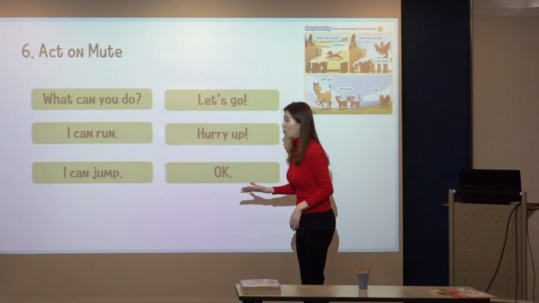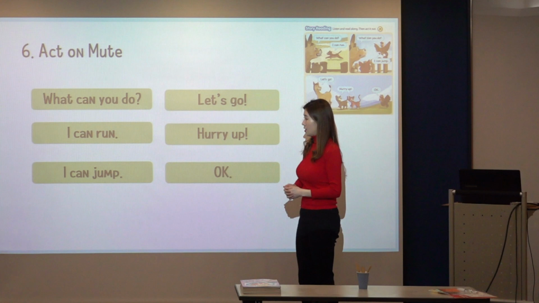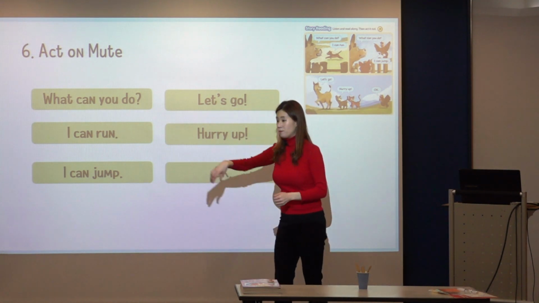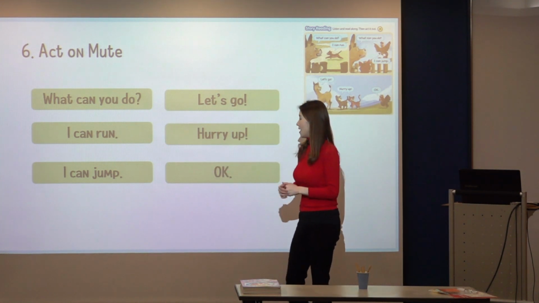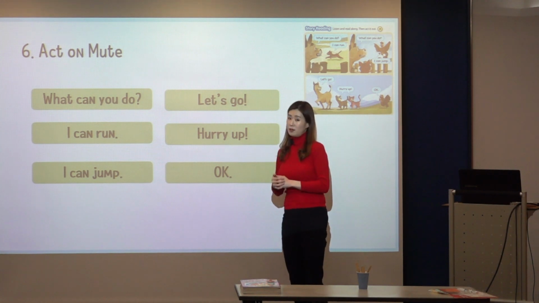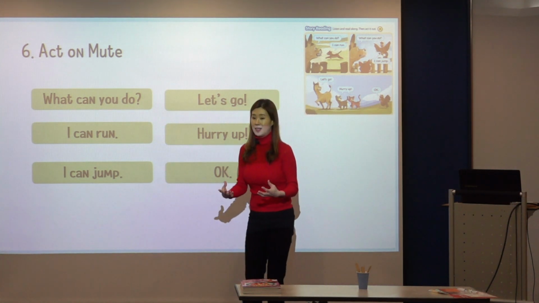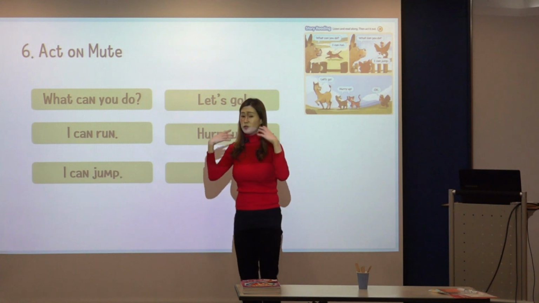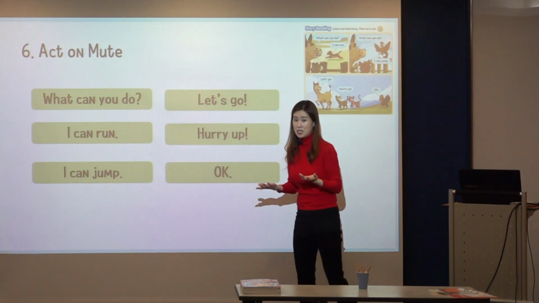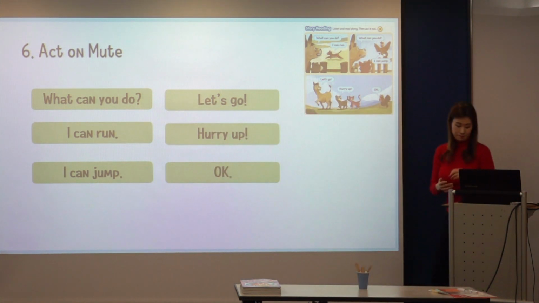Now your students know what they have to do, okay? So have them come to the front and pick one line and then they act. And then the rest of the students have to guess what he or she does, okay?